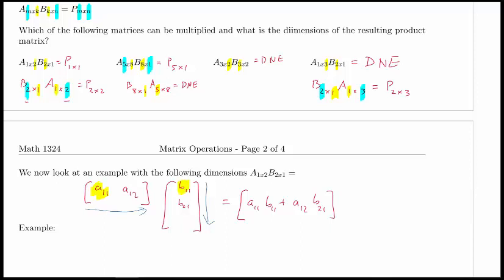Again, you multiply this guy with this guy, and then you multiply this guy with this guy. And for longer ones, you just continue that pattern.